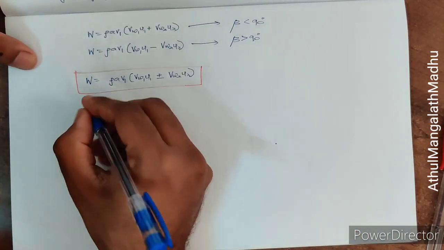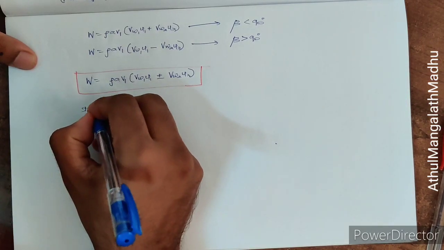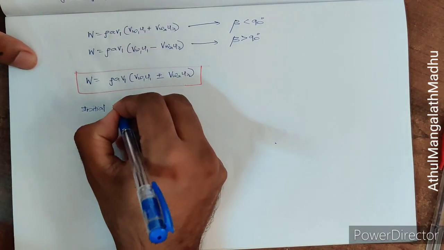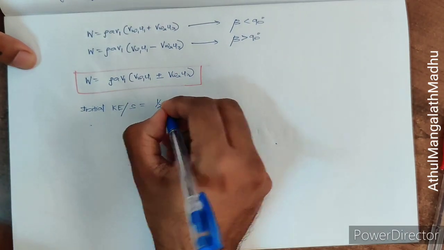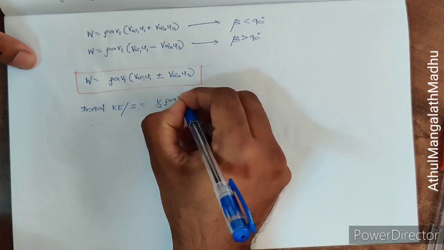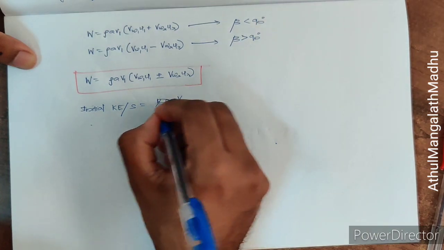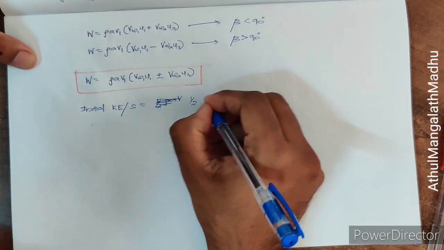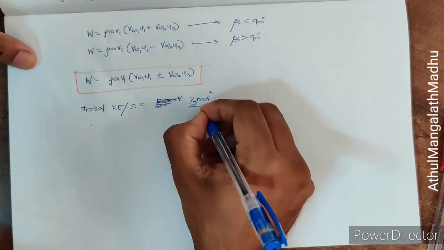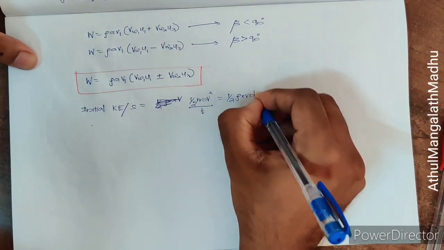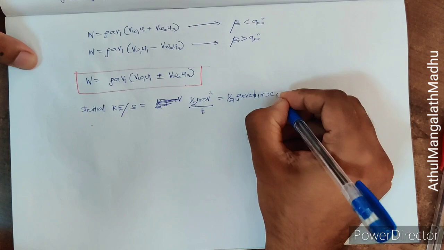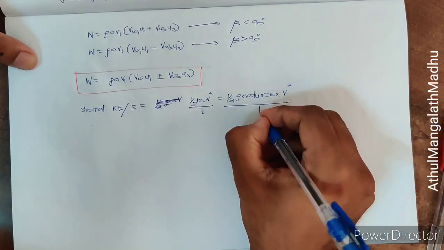At the same time, the initial kinetic energy per unit time, we have already derived this equation. It is nothing but half into rho into A. Let us derive it once again: half m v square by time, and mass is density into volume, so half rho volume v square by t.